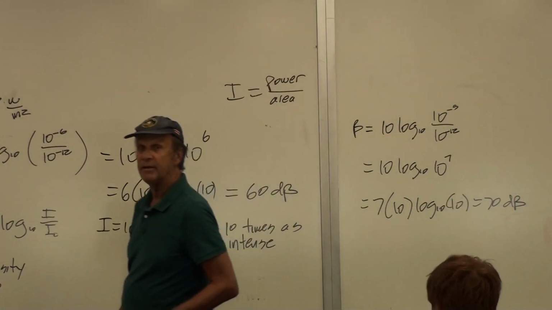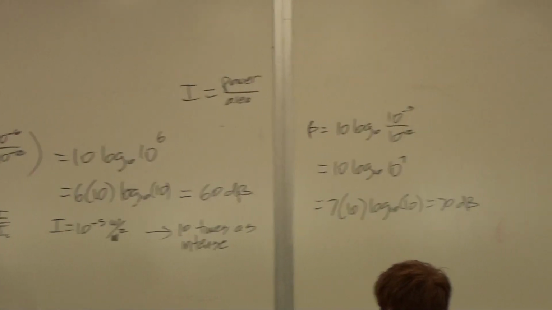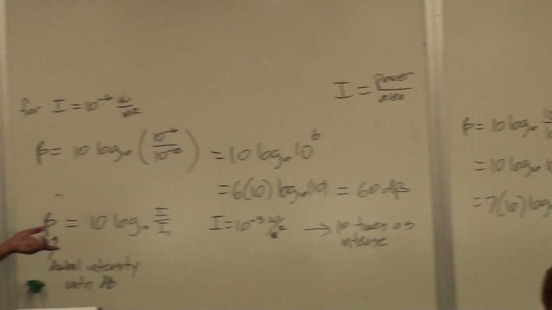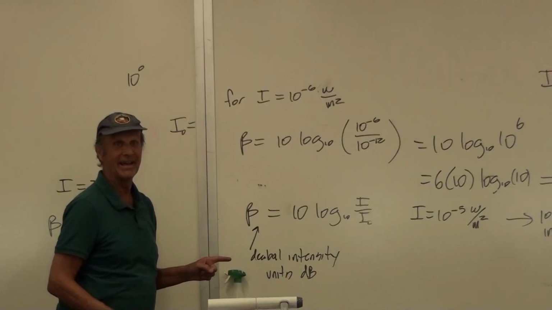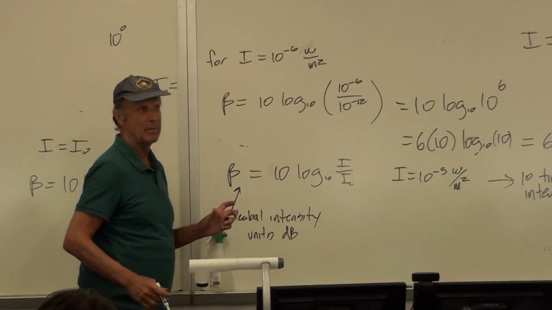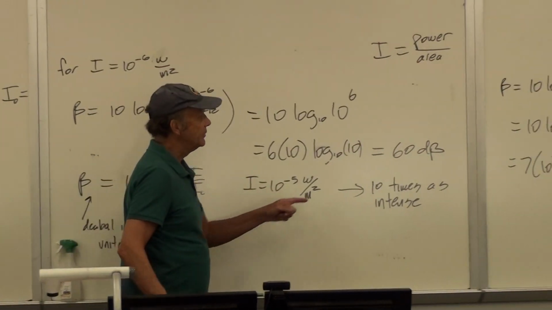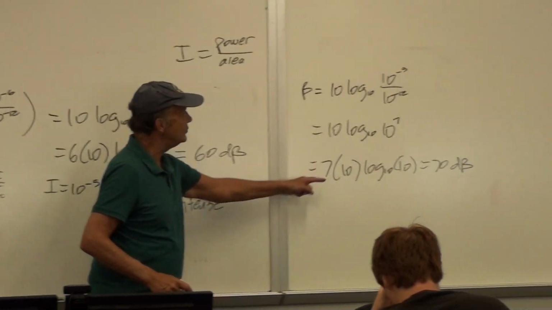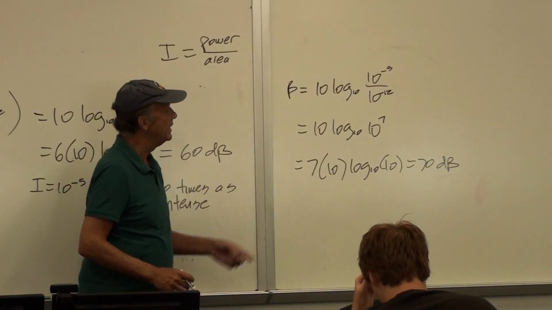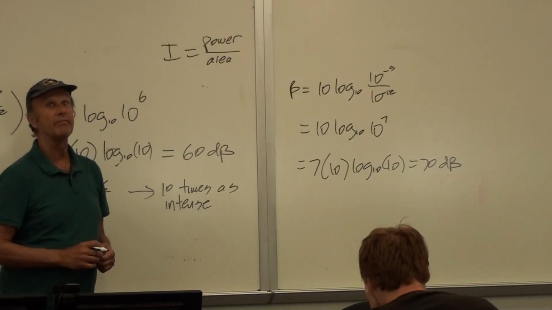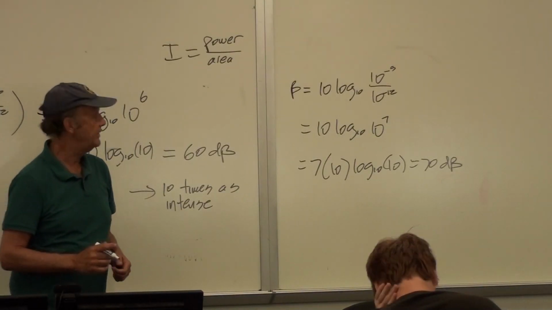So 70 dB is only 7/6 as high of a decibel value, but we have to remember it's a logarithmic scale. So what this is showing us then is an increase of 10 decibels is the same as an increase of a factor of 10 in the intensity.